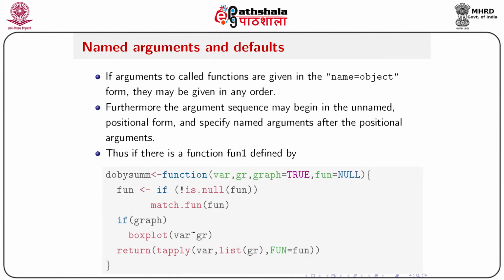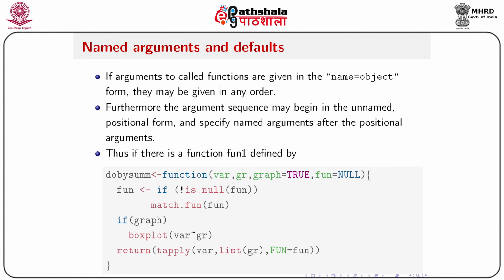If the named arguments and defaults, if arguments to call functions are given in the name equals object form, they may be given in any order. That is one advantage.